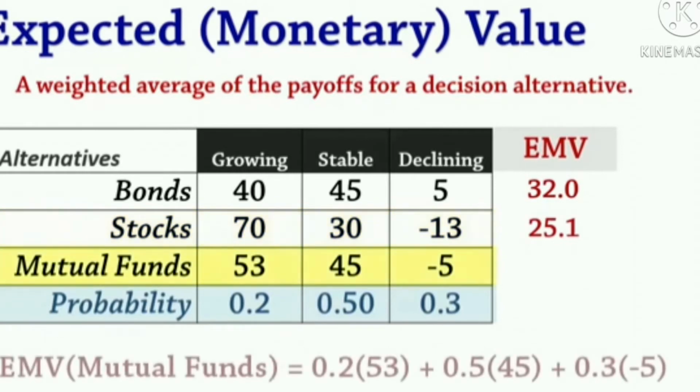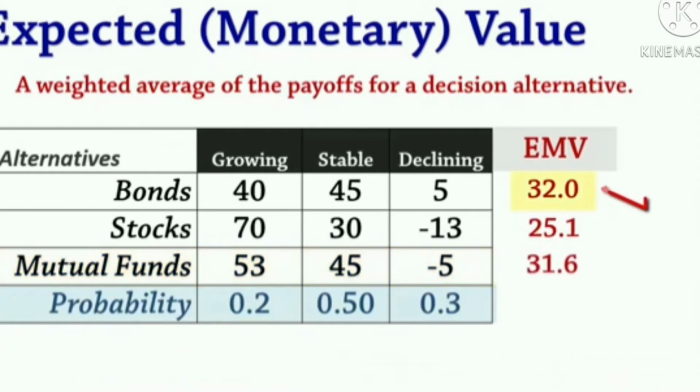For mutual funds, the expected value is 0.2 times 53 plus 0.5 times 45 plus 0.3 times negative 5, which equals 31.6. The best expected value is 32, therefore the decision is to invest in bonds.